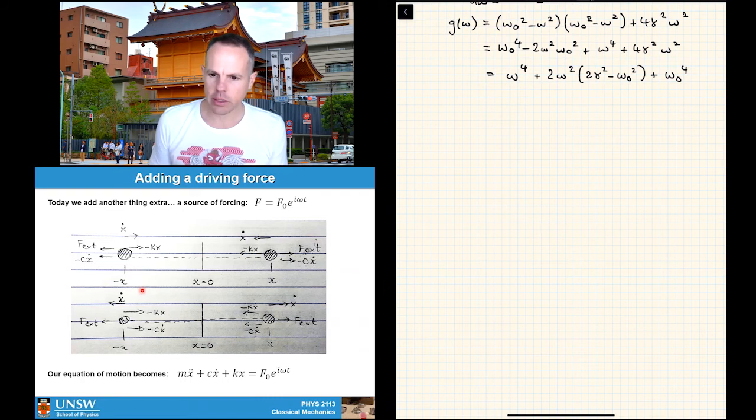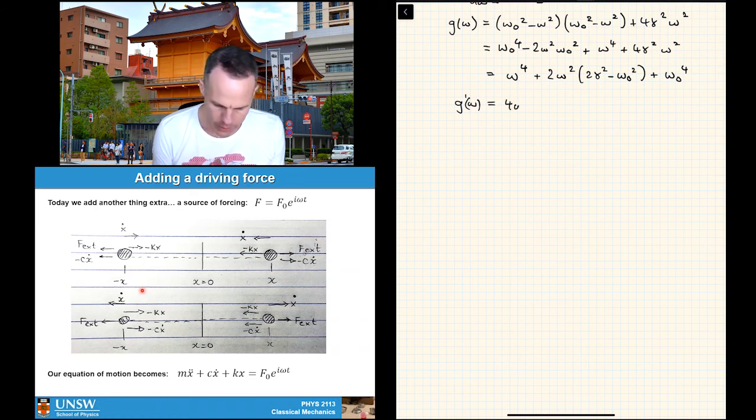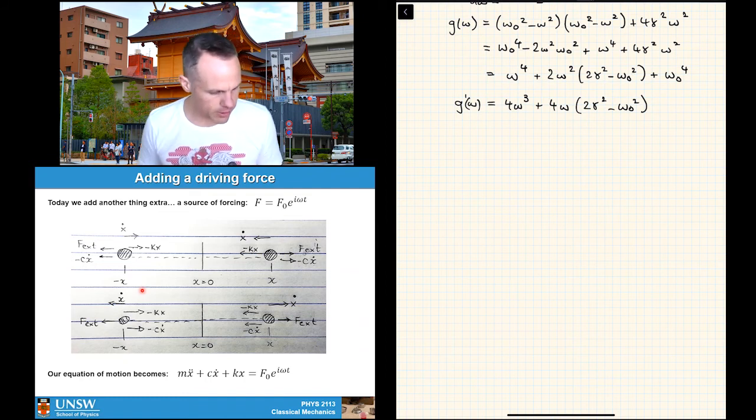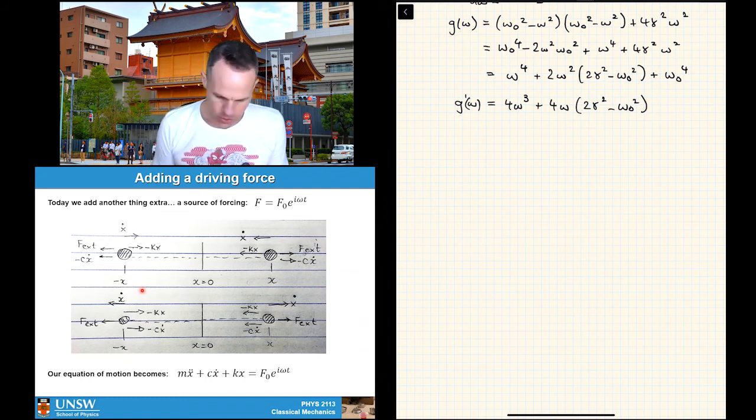And now it's really easy to get a derivative for, right? So g dash omega is 4 omega cubed plus 4 omega times (2 gamma squared minus omega naught squared), and of course this term on the end is a constant in omega, so it just vanishes, right? Really simple.